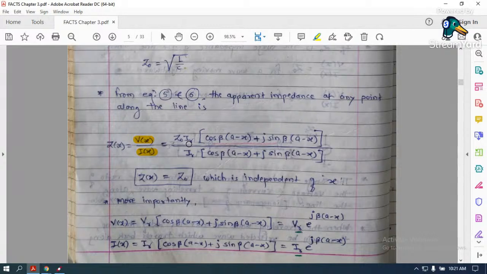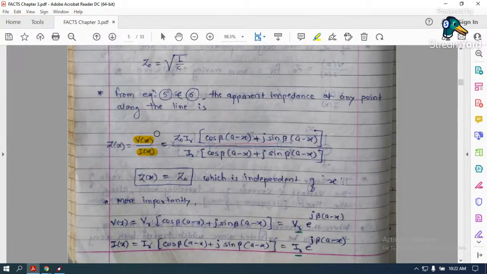See, Z0 into IR is nothing but VR, right? Z into I is V. So if I multiply inside the bracket, it will be Z0 into IR cos beta(A minus x), where Z0 into IR is VR.